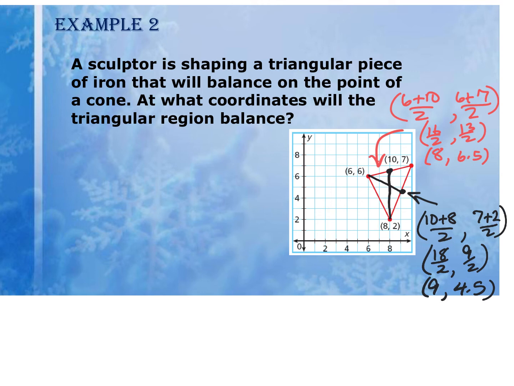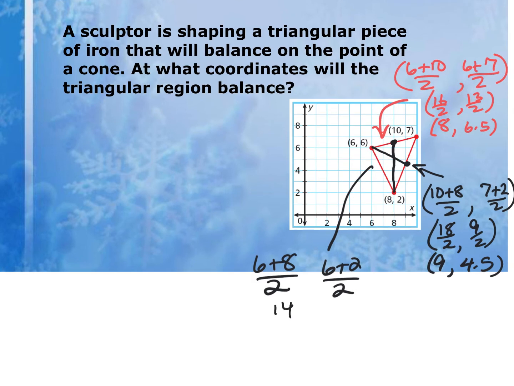Got to do one more midpoint and draw in that median. So I'm going to do the midpoint of this side. Again, I'm going to take 6 plus 8, divide by 2, 6 plus 2, divide by 2, 14 divided by 2, 8 divided by 2, and I get 7, 4.